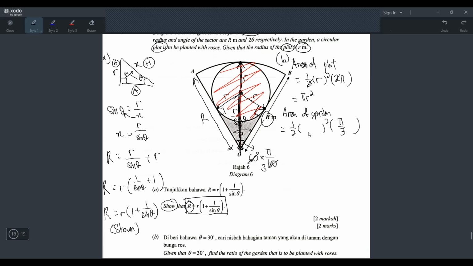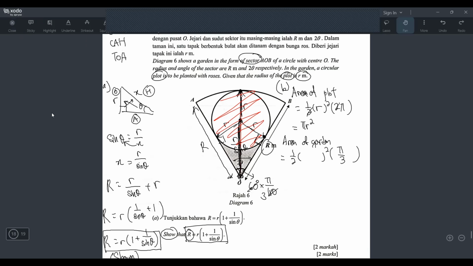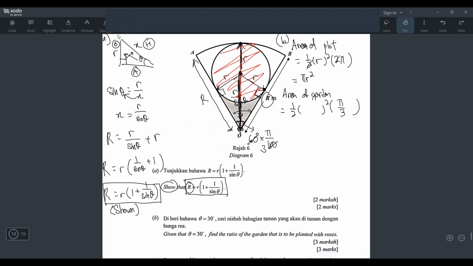But the problem is radius. If I write big R, no. I think I have to write in terms of small r. So how can I use this? Yes, right? Because I already know big R equals to what? Okay, let's do it here. Big R is equal to small r bracket 1 plus 1 over sine theta.